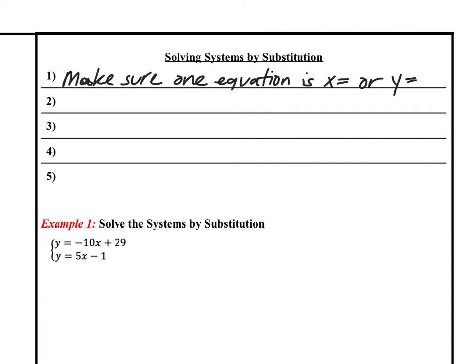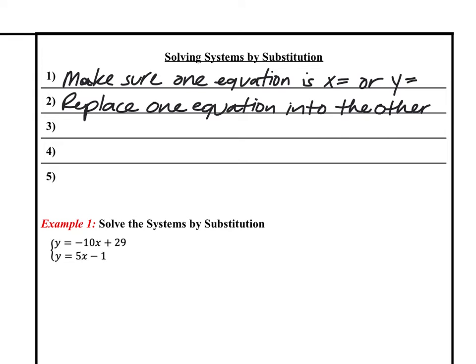So you make sure one of the equations is x equals or y equals, and then you do what Drew said. You replace one equation into the other, because that's what substitution is. So make sure you write it down so you have notes for later. You replace one equation into the other with what it's equal to.